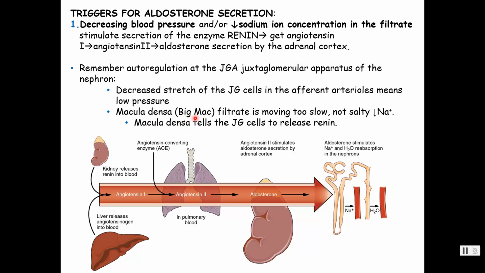And we know the macula densa is the one that's going to detect that the filtrate is moving too slowly. It's not salty enough. And that's when we get that release of renin. So that's where that magic is happening. And remember, the kidneys have to reach their quota of 125 mils per minute. And so that's why they are so responsive to low blood pressure, because then they can't do their job.